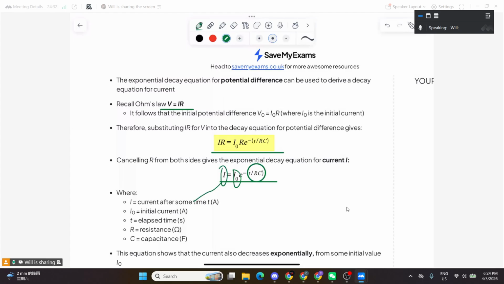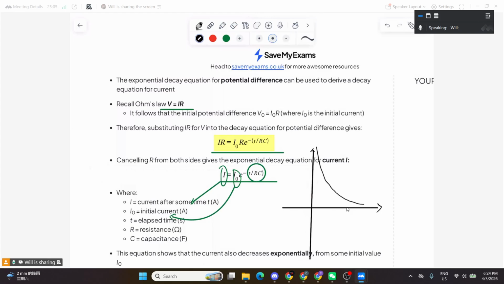This one is the current after some time, the remaining current, and I delta is the initial current. Look at the graph. The current over time graph is an exponential decay, and we also use the formula to find the rest of the current.